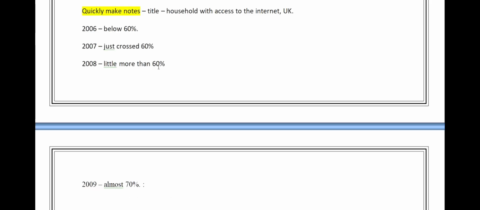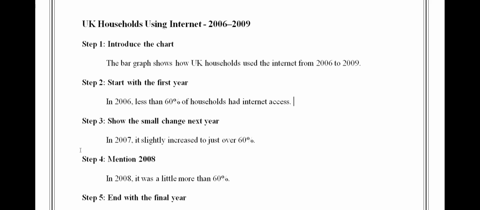Step 3. Show the small change next year. What happened in the following year? We have seen there was a little cross. So it is show the small change next year, again keeping the sentences very simple. In 2007, it is the pronoun here.